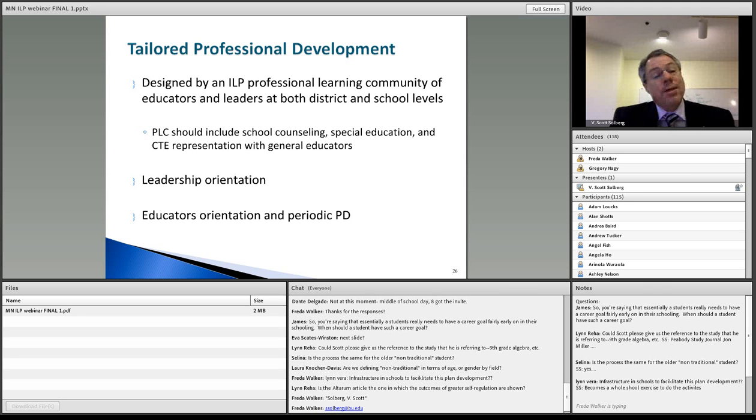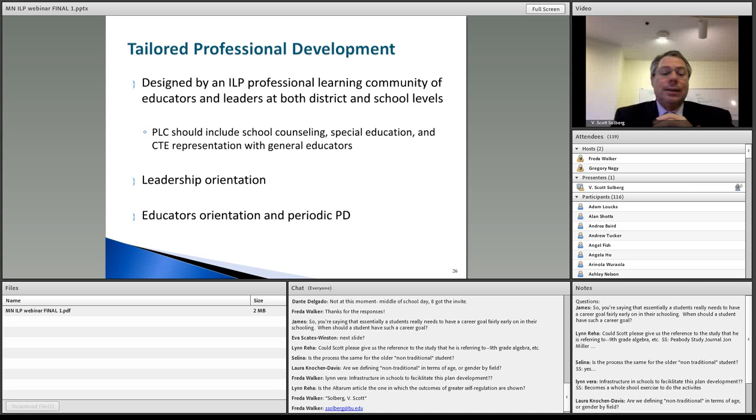Another element in terms of what we found as we looked across states is a real need for some professional learning to happen around this. We like the idea of a professional learning community where you bring together a smaller group of really interested, excited, and engaged professionals who then work with the larger community to help prepare them with the skills that they need. So it's served as a really good model in the schools.